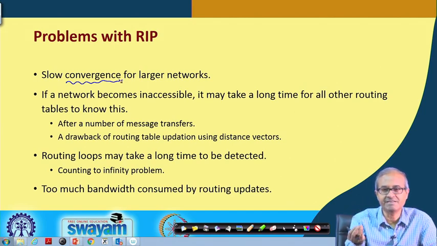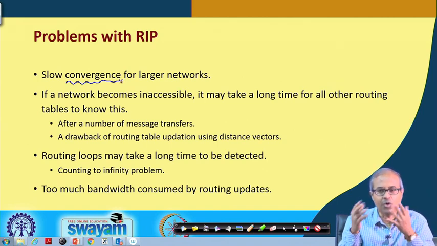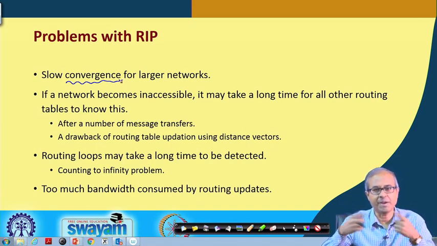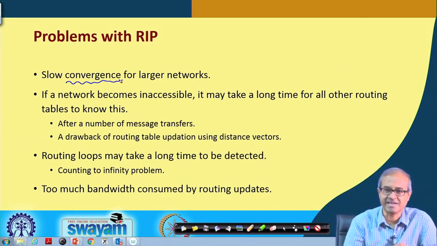Suppose a link fails, again a link goes up. How quickly can the routers respond to these changes and update the routing table? RIP is not very good at that. It can take a lot of packet exchanges to update all the routing tables to reflect the correct status.